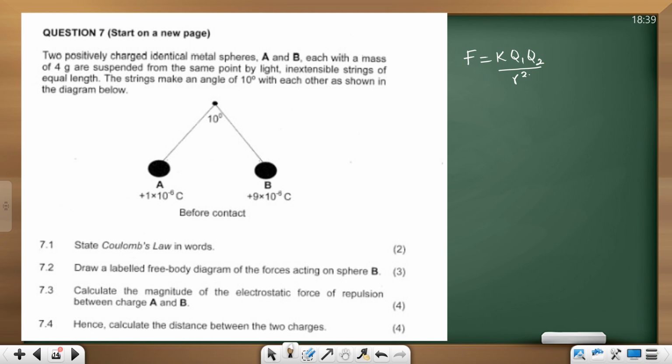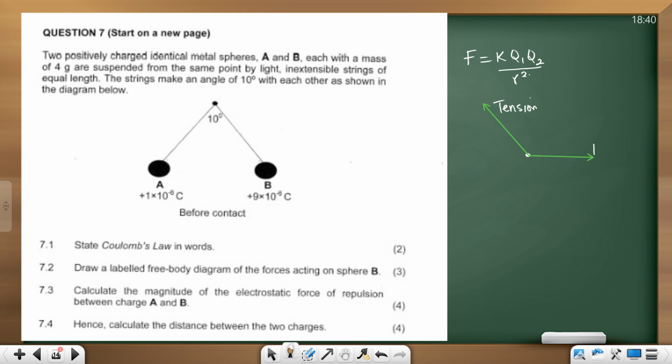Draw a labeled free body diagram of the forces acting on B. Oh, sweet. Forces acting on B. There's a rope, so we have a tension. I hope that makes sense. Now, what do you notice? They are both positive, so they are repelling. So A is actually pushing B to the side.